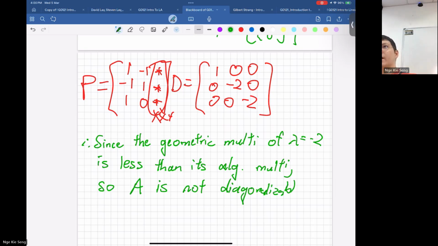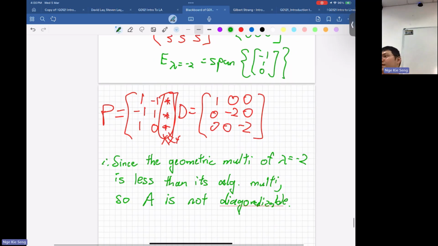If you have all different eigenvalues, it's always diagonalizable, because you already have n different eigenvalues, so n different eigenvectors must be linearly independent. But if you have a repeated eigenvalue, you need to make sure that the repeated eigenvalue has enough linearly independent vectors.